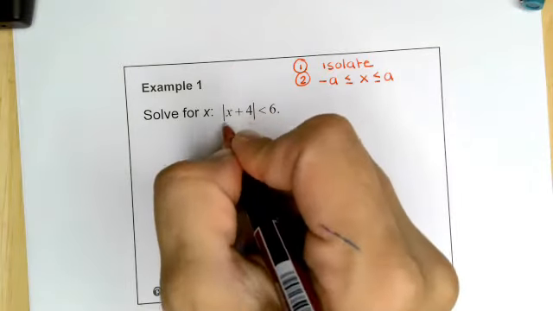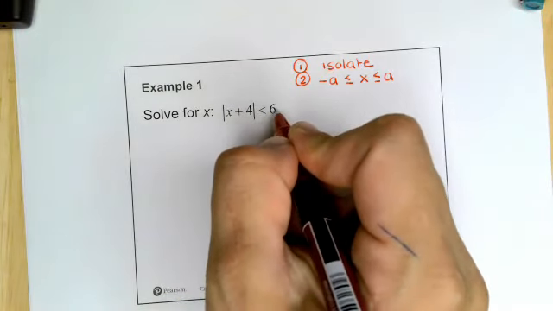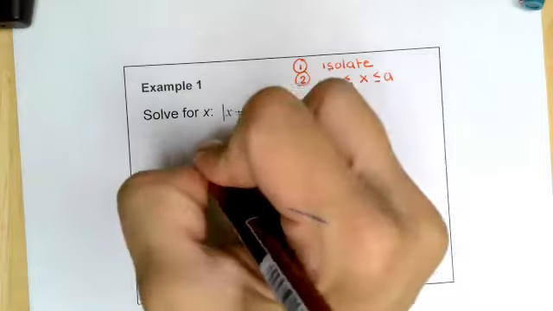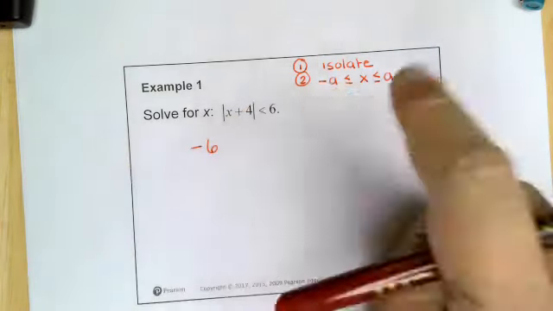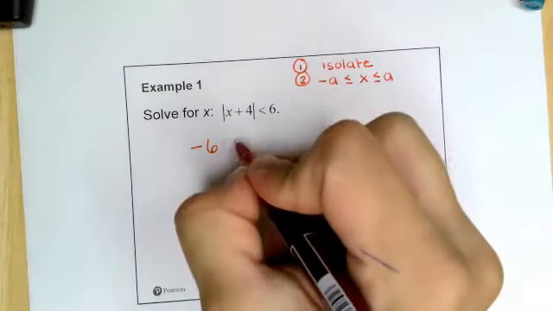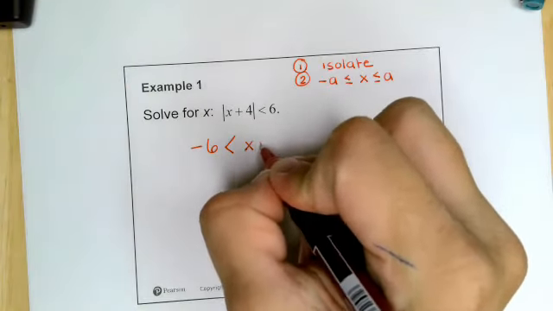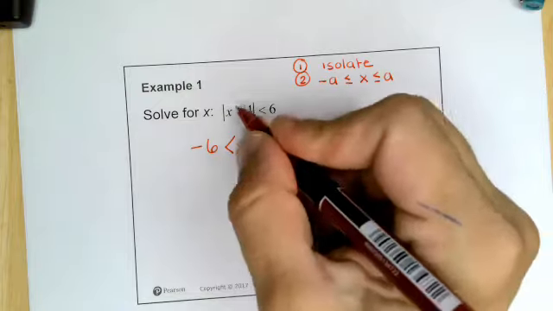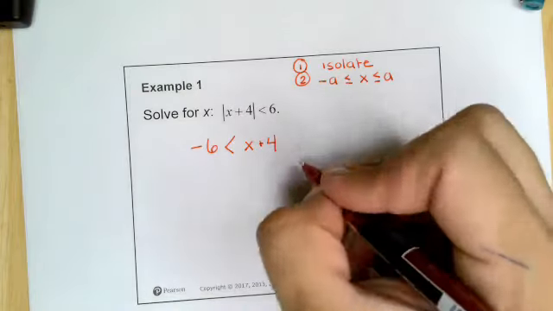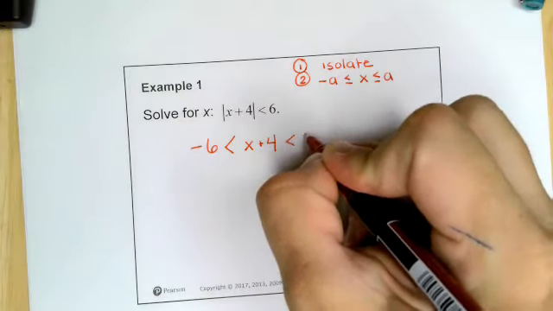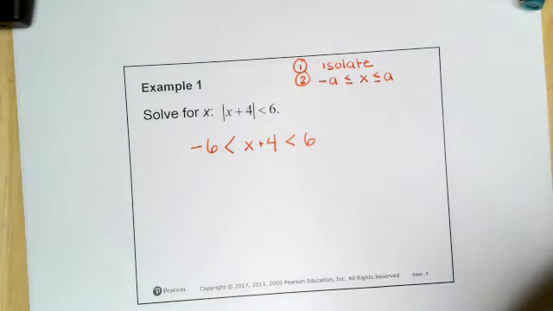So we have the absolute value of x plus 4 is less than 6. I'm going to take the -6, the -a, is less than x plus 4, no more absolute value bars, is less than 6.